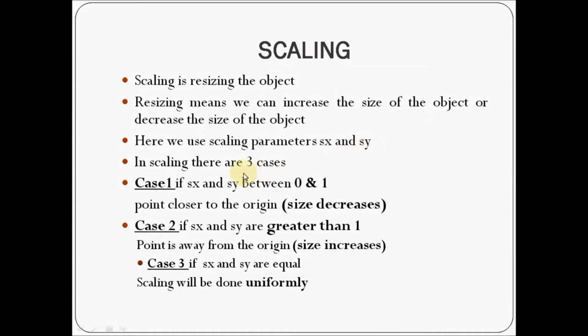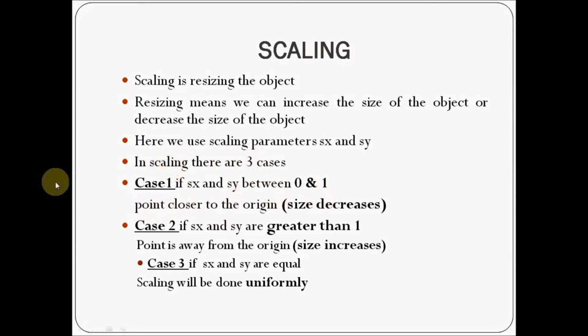So in scaling there are three cases. We will discuss these three cases now. In case 1, if the sx and sy values are between 0 and 1, that means the point is closer to the origin. Don't get confused here.